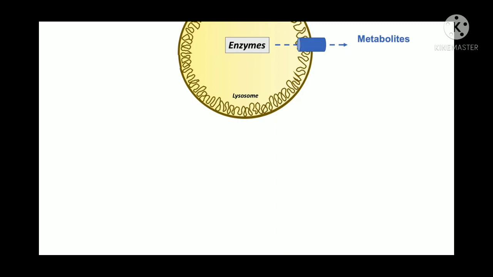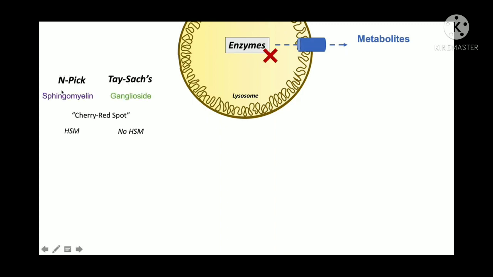So we just ran over different conditions. Congratulations for making it this far. Just to review and summarize what we've learned in this lesson, the lysosome uptakes and metabolizes many different compounds, and if there are any issues with the enzymes within the lysosome, it brings a variety of disorders, and this includes Niemann-Pick and Tay-Sachs.